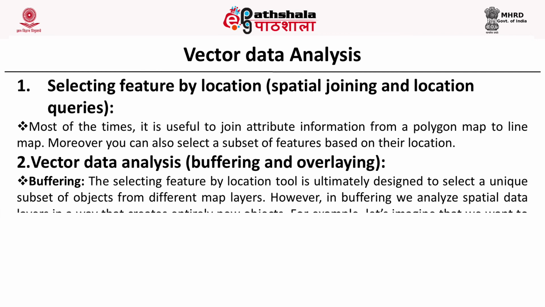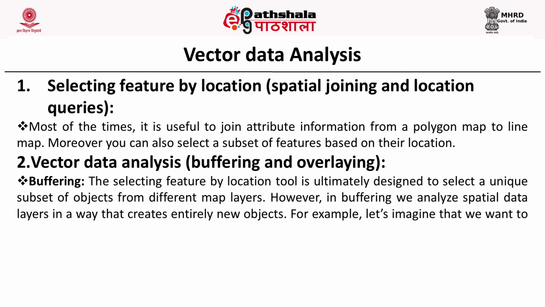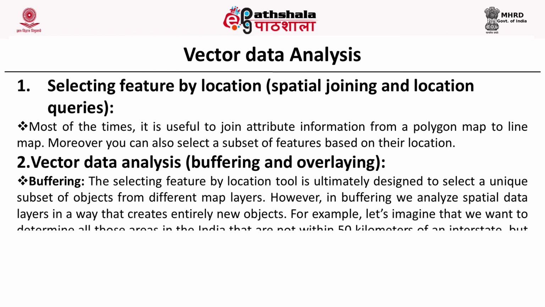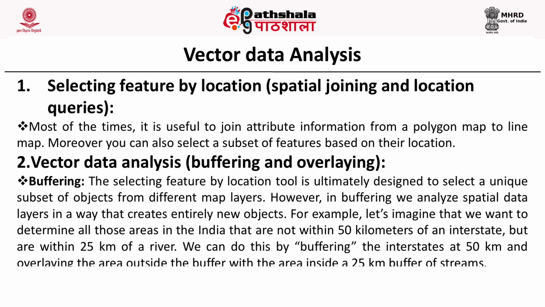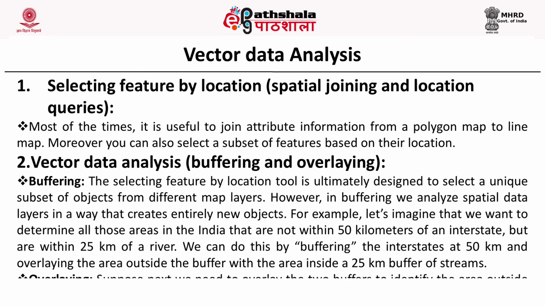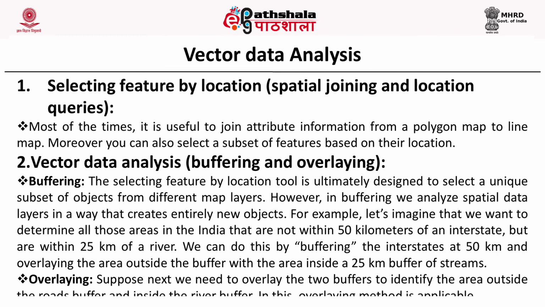For example, let's imagine that we want to determine all those areas in India that are not within 50 kilometers of an interstate but are within 25 kilometers of a river. We can do this by buffering the interstate at 50 kilometers and overlaying the area outside the buffer with the area inside a 25-kilometer buffer of streams.